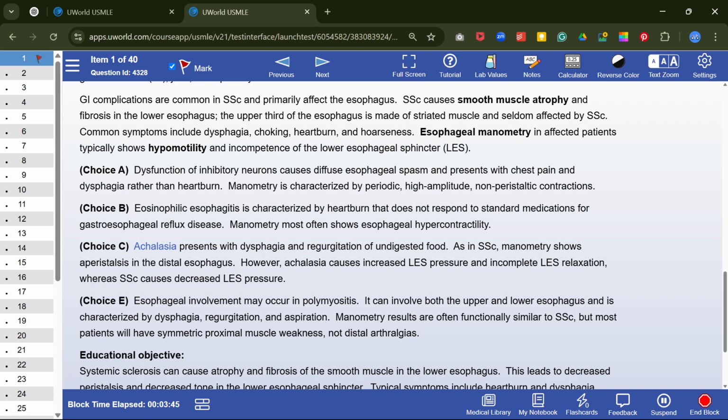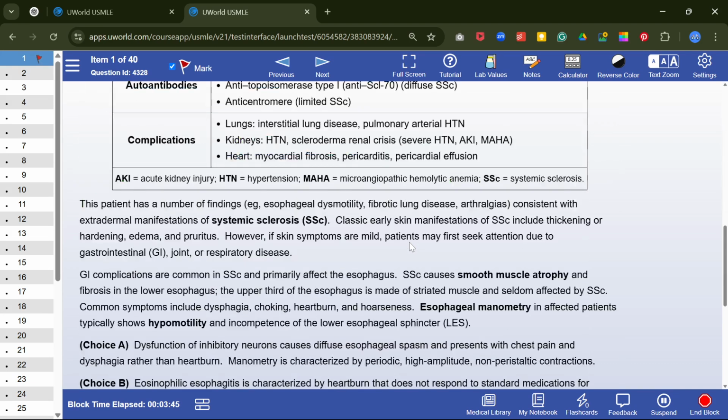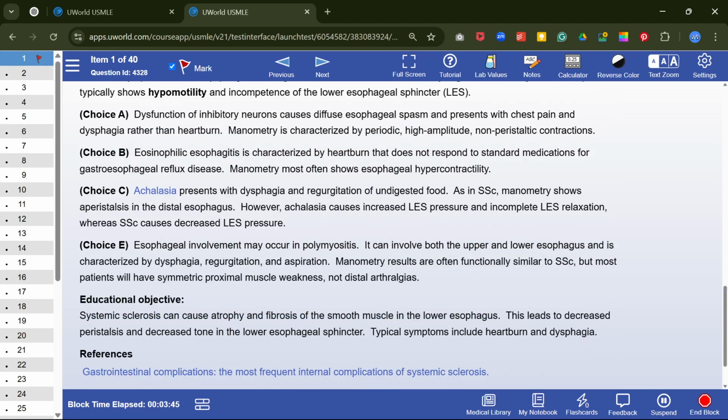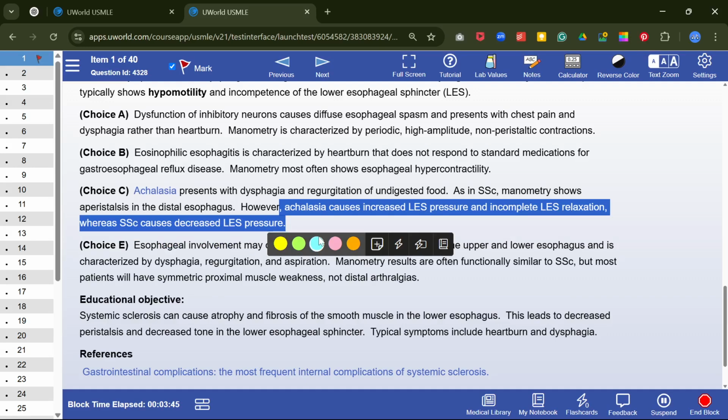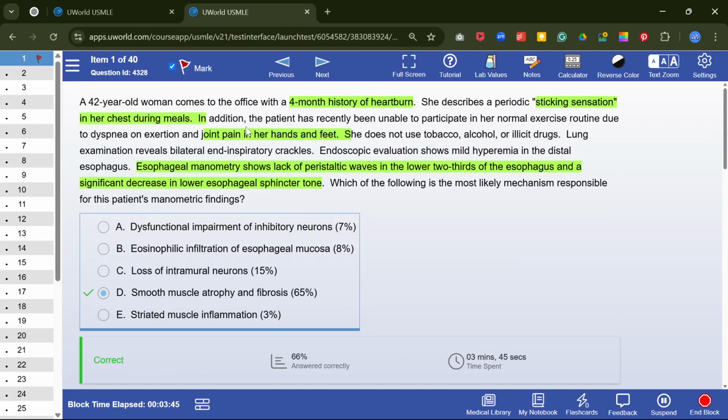However, achalasia causes increased lower esophageal sphincter pressure with incomplete relaxation, whereas systemic sclerosis causes decreased lower esophageal sphincter pressure. Okay, this is the one differentiating point, and another one is joint pain, which is very important.